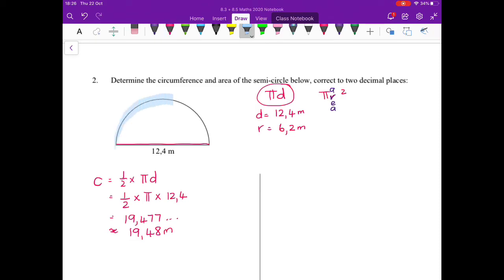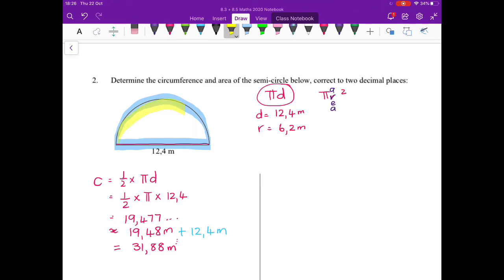I now have that, and so the perimeter is the entire outer edge, so I must add 12,4 meters, and when I add that, I am going to get 31,88. And they are meters, one-dimensional, or just an M.